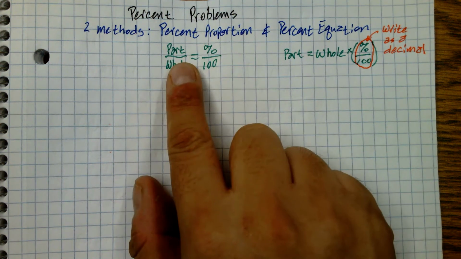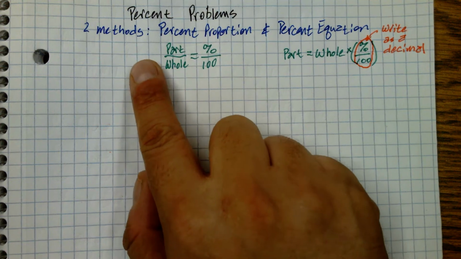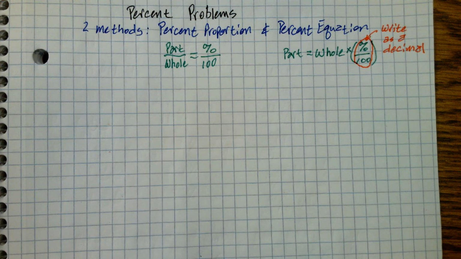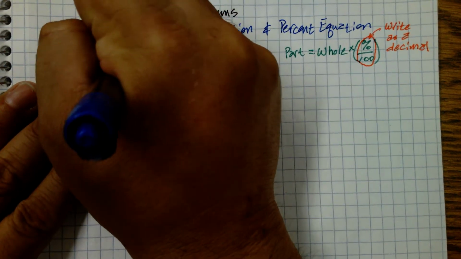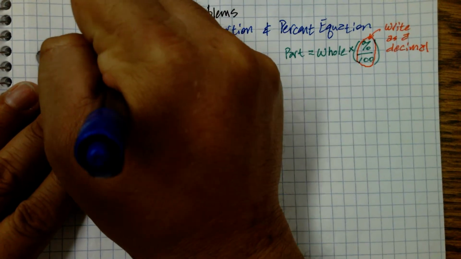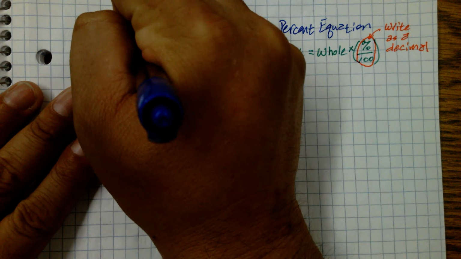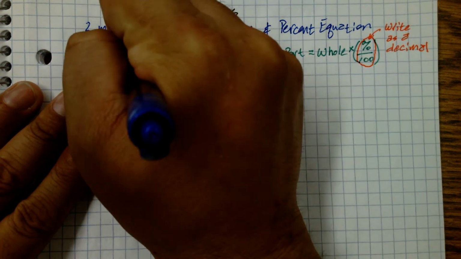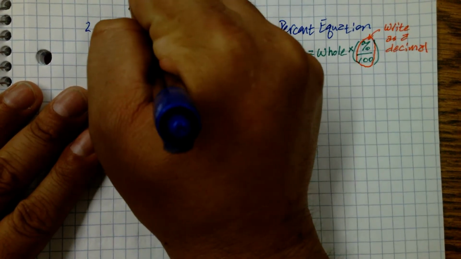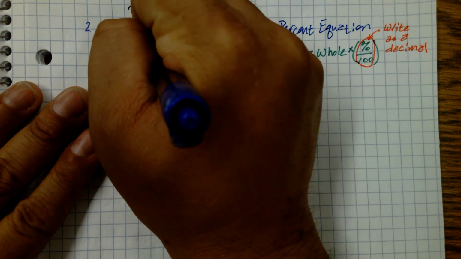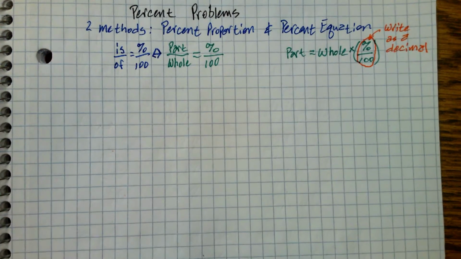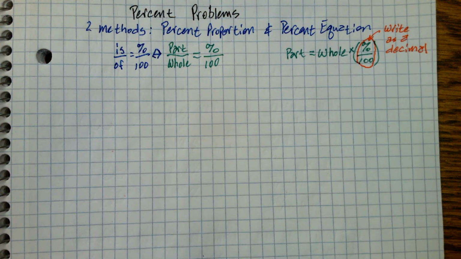So if you want, by the way, you can also write "is over of" equals percent over 100. These are equivalent. That's supposed to be an arrow going both ways, meaning they're equivalent to each other.